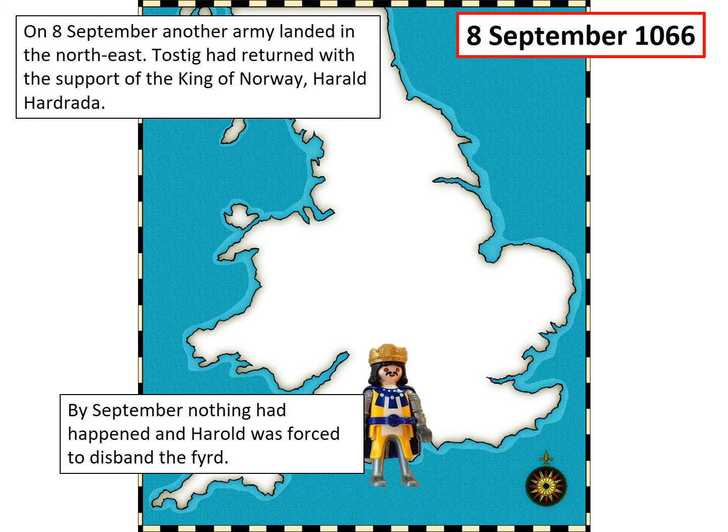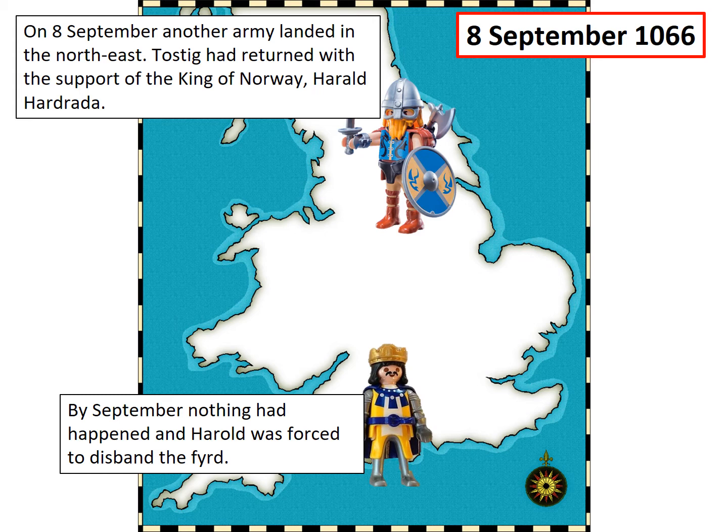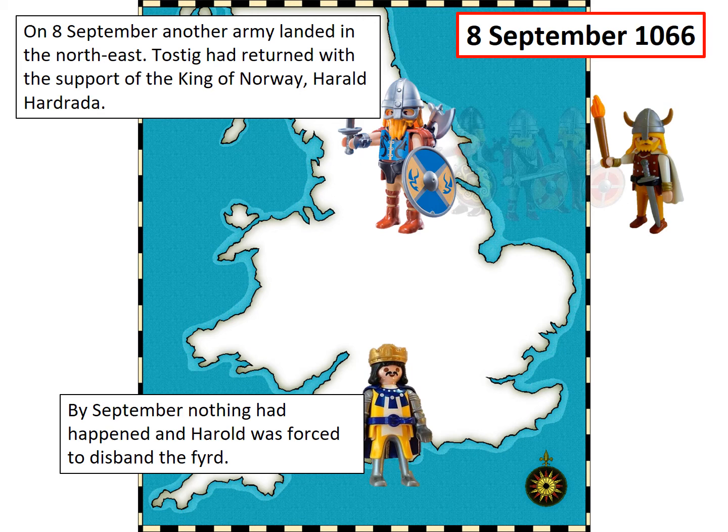Except there's a problem. And on the 8th of September, another army lands in the northeast. Tostig, who disappeared in April, had actually ran away to Norway. And Tostig, together with Harald Hardrada, launch an attack on England.